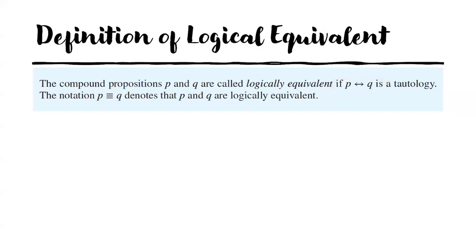In that case, we will denote P, and you see the three-line symbol, Q. This notation is what we call equivalent. We read it as P is equivalent to Q, and this denotes that P and Q are logically equivalent.